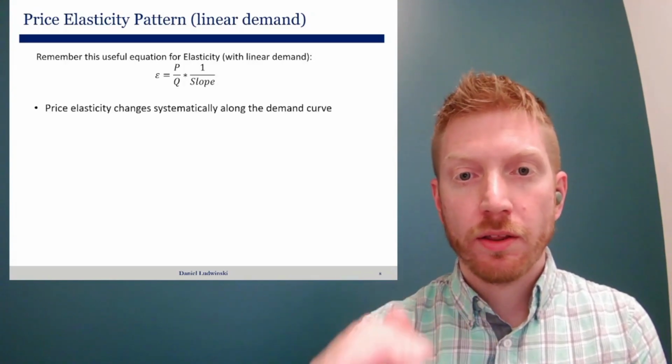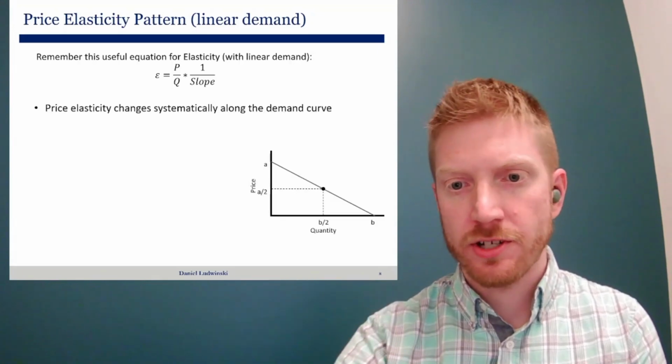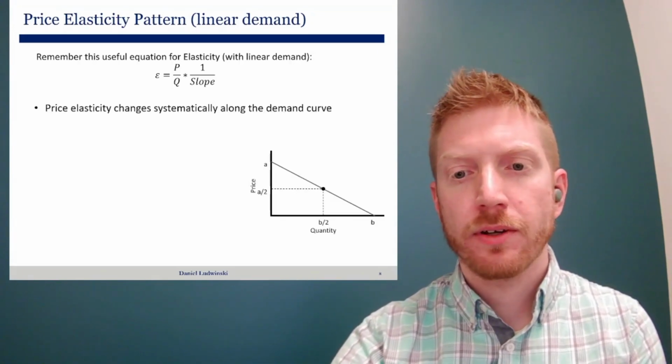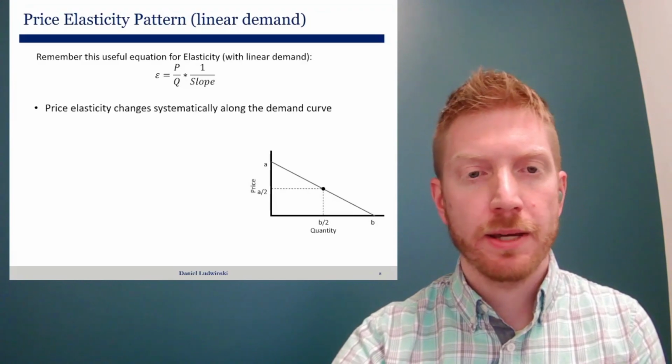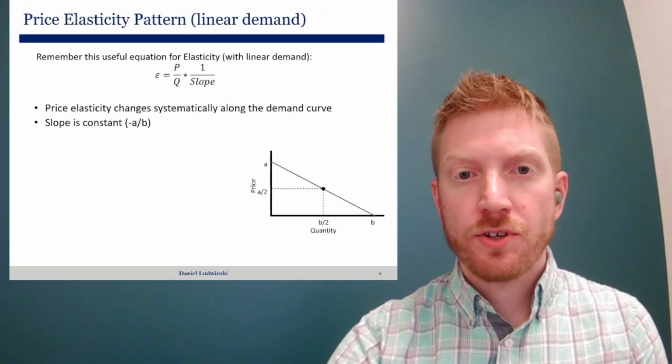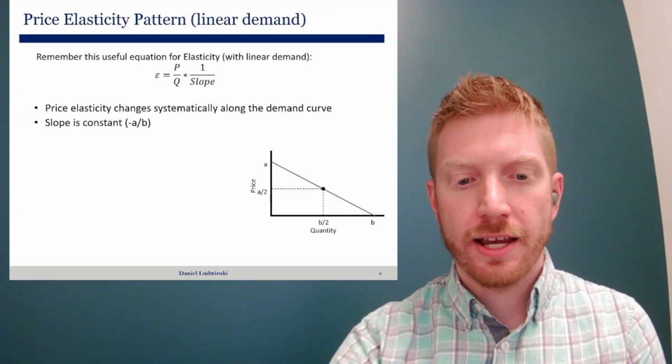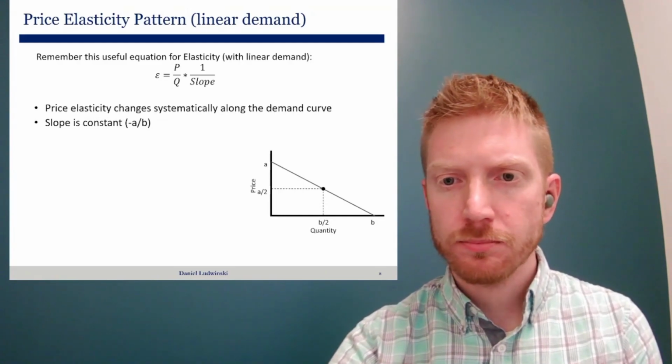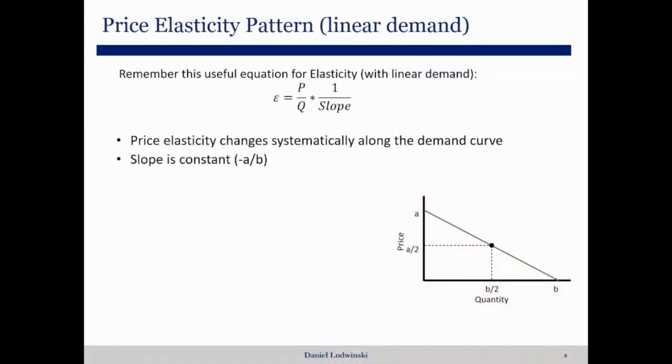As we move along the demand curve, so here's a demand curve that's linear with endpoints A and B, the slope is going to be constant, and the slope is negative A over B. But as we move along this demand curve, the price and quantity are changing. That's what's happening as we move along the demand curve. Moving left to right, we're decreasing price and increasing quantity.